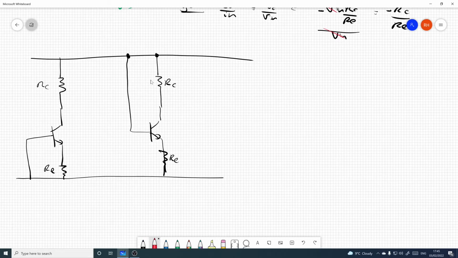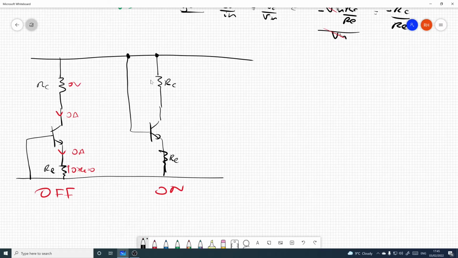Okay, so if we focus on the off case initially, if it's off, that means that there is 0 amps flowing through here because the transistor is absolutely wedged off, and there's also 0 amps flowing through here as well. And as a consequence of that, the IR drops across each of the resistors is I0 times RE equals 0, and there's also 0 volts drop across here.